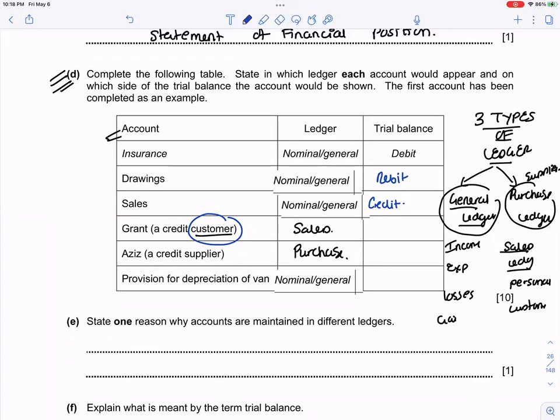Trade receivable. Is it your asset or your liability? It's an asset. Assets have what balance? Debit balance. Supplier would be credit, and purchase would be debit or credit? Credit.